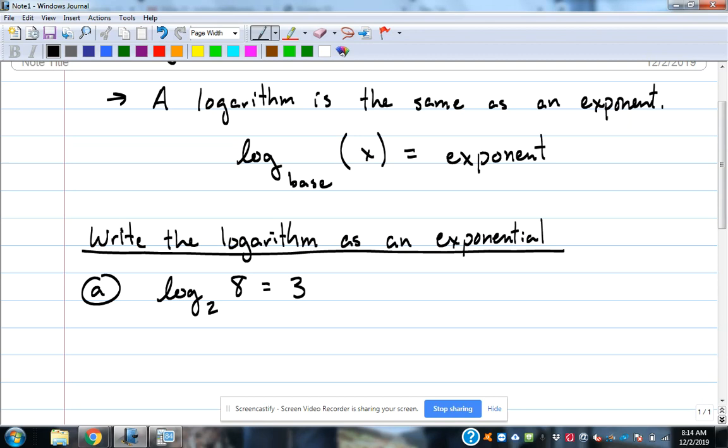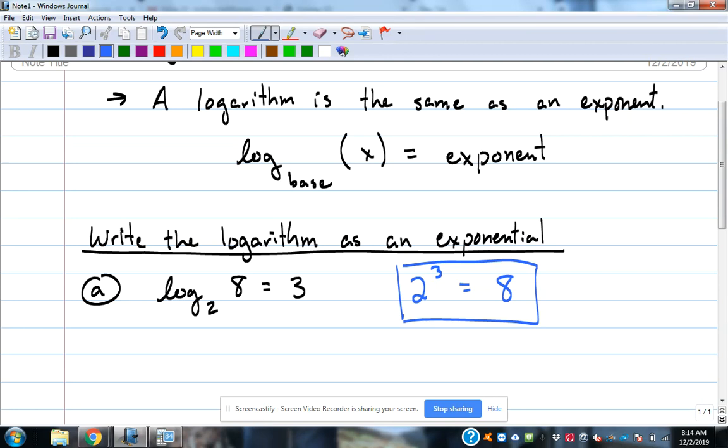When I read this, it was log base 2. What's the base? 2. So the base is 2, the exponent is 3. When you rewrite that, it's 2 to the third power is equal to 8. Whatever the base is, that's the base of your exponential. Whatever the log is equal to, that's your exponent.